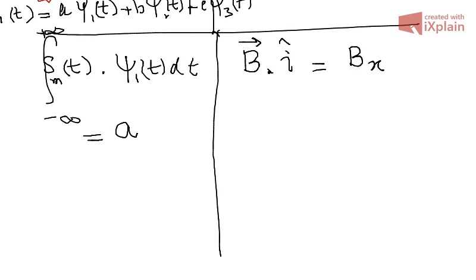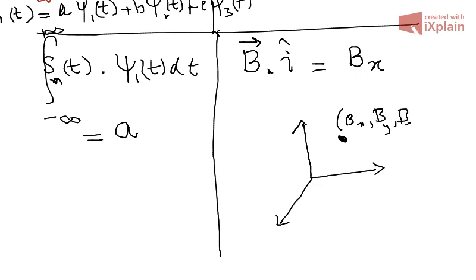Now vector B in three dimensions can be represented as a point, and you have three components for this one: bx, by, and bz. So this is, you can say, a position vector in three-dimensional space.